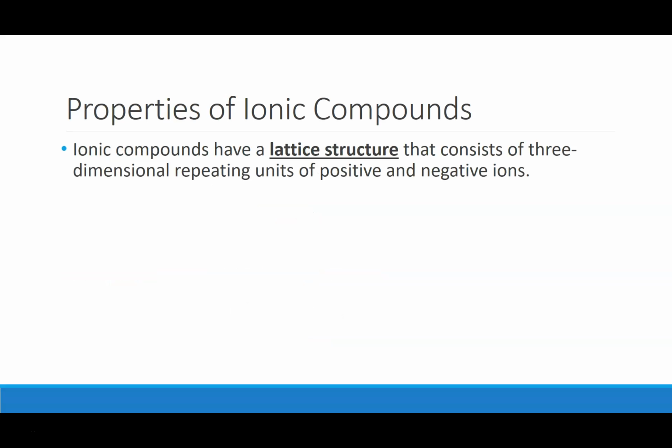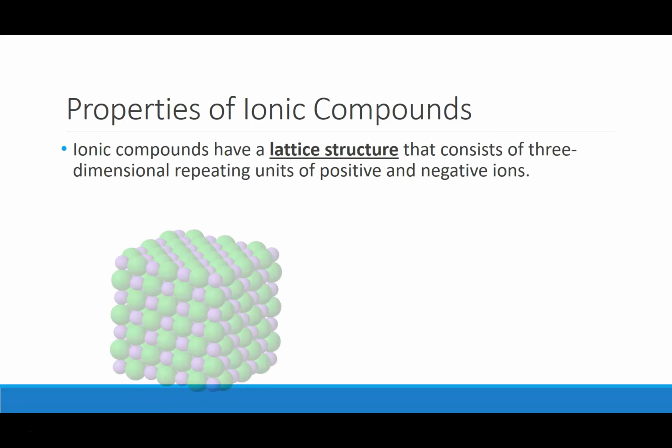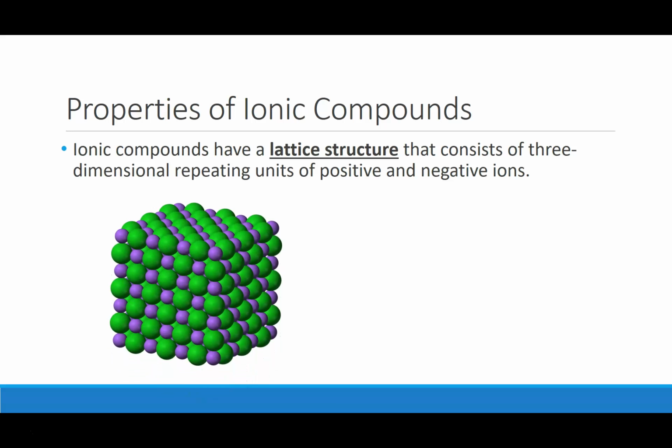Ionic compounds are formed as a result of ionic bonding. Ionic compounds are crystalline and have a 3-dimensional repeating pattern of positive and negative ions, which is called a lattice structure. For example, this picture shows the structure of a sodium chloride crystal.